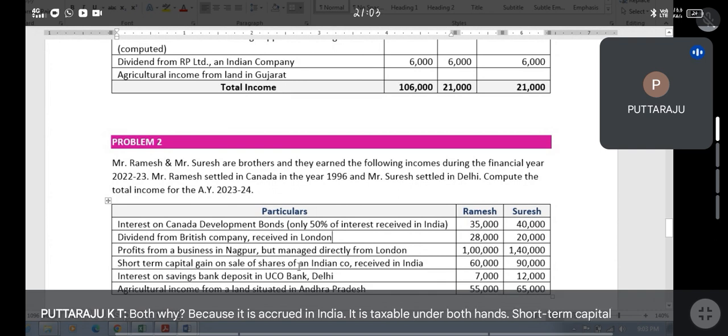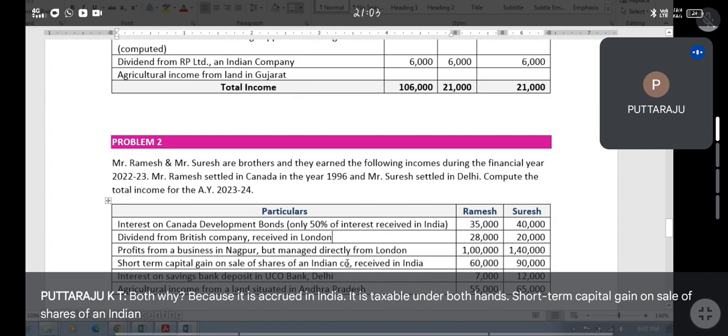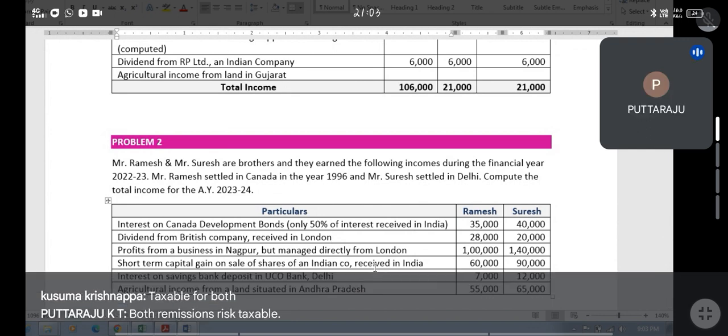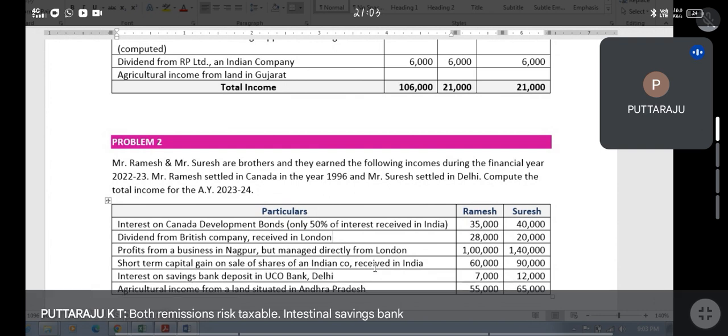Short-term capital gain on sale of shares of an Indian company received in India. Taxable for both Ramesh and Suresh. Interest on savings bank deposit in UCO Bank, Delhi.